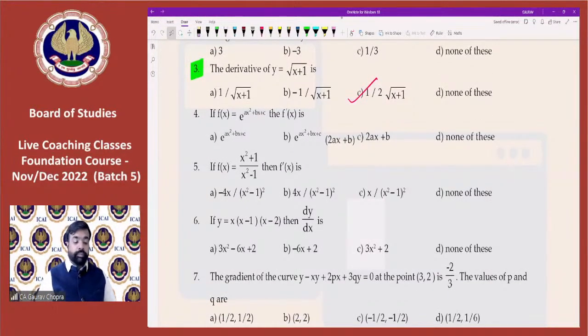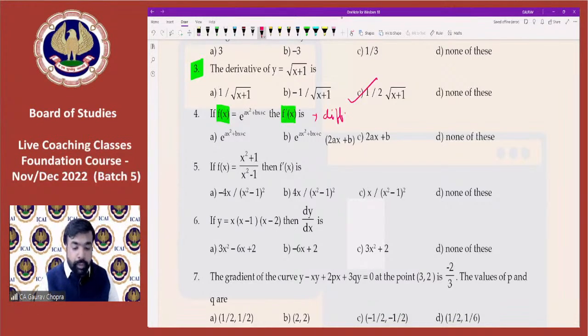Then fourth one. Fourth one says if fx is equal to e to the power of something, then find f dash x. F dash x means derivative, or we can say differentiation. So we have to differentiate this fx, that is function. First of all, we will write e to the power as it is completely, and then we have to multiply with the derivative of that power.